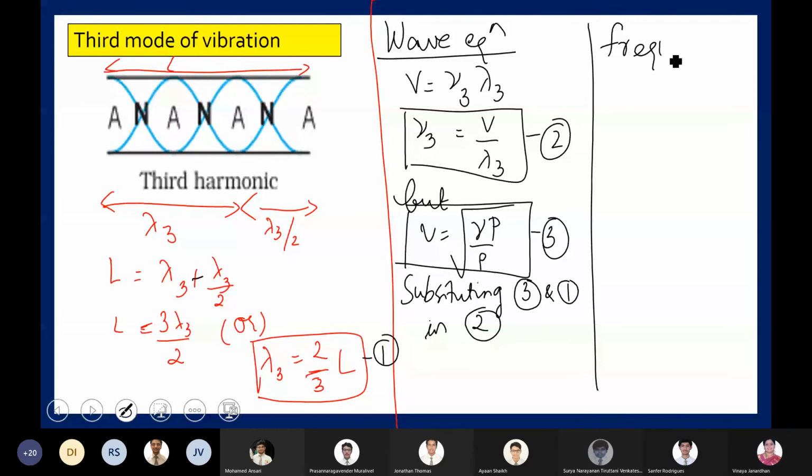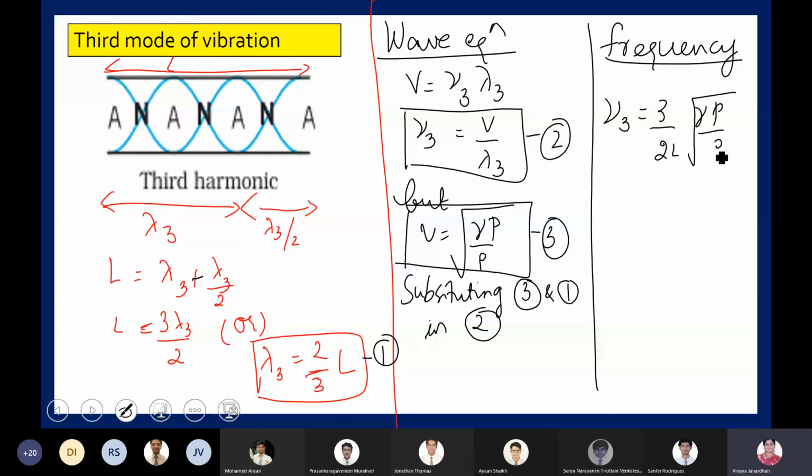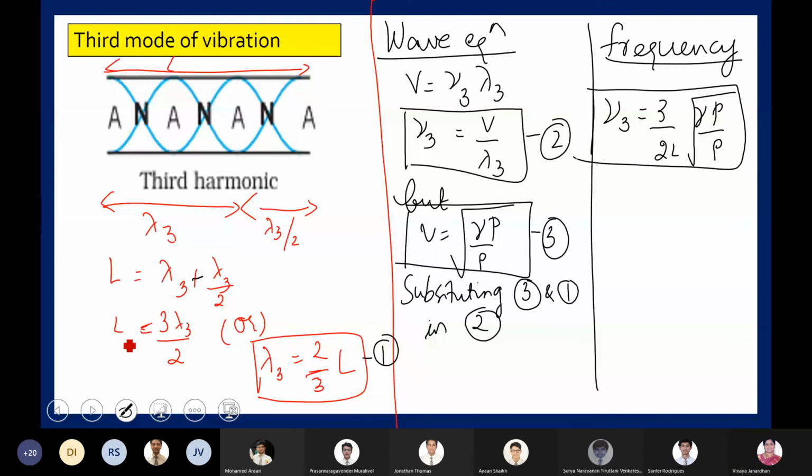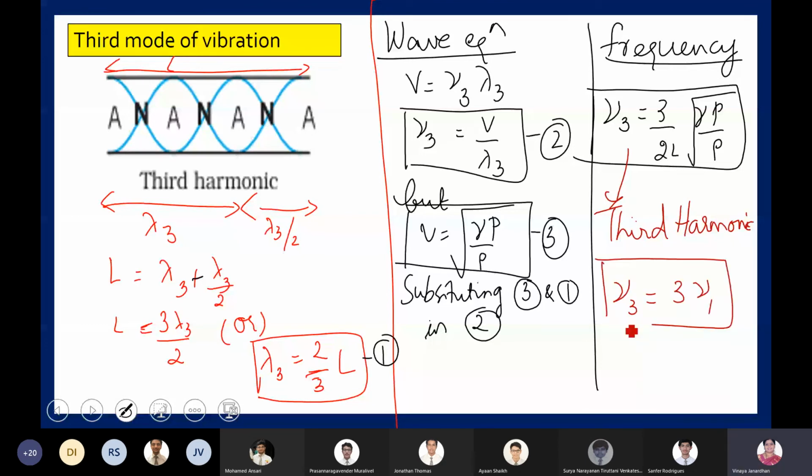Frequency nu 3 will be equal to 3 by 2L root of gamma P by rho. This is called third harmonic, and nu 3 is equal to 3 times nu 1. Fine, boys.